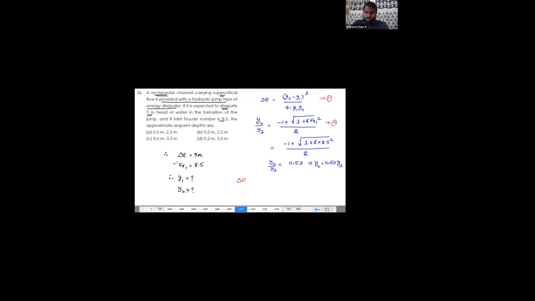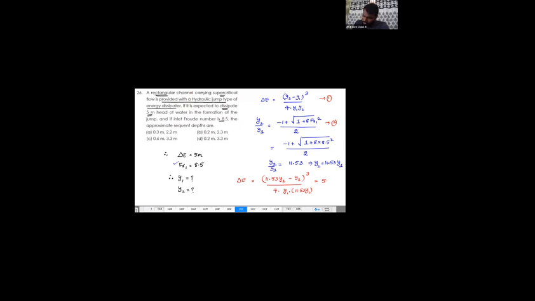2 unknowns, 2 equations. Now can I write delta E equals Y2 minus Y1 whole cube by 4 times Y1 into Y2? Y2 is 11.53 Y1, and delta E equals 5 meters.